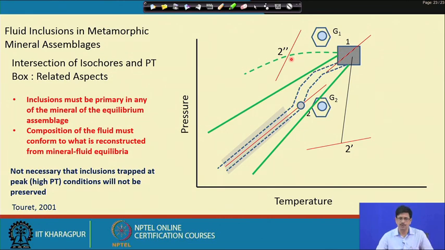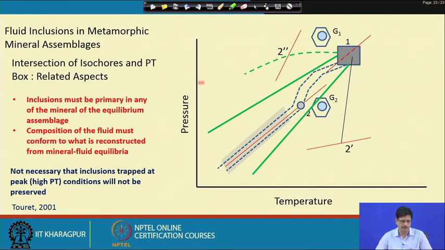So, that brings us to the close of the application of fluid inclusions to different areas of geology. We could cover some brief idea about applying them to ore forming environments, to deformation.